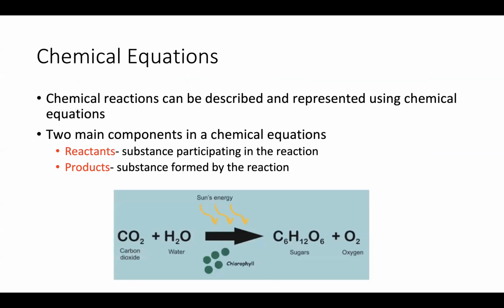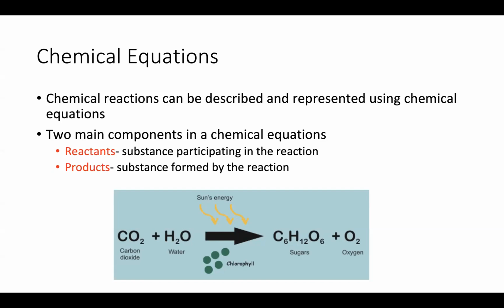And so I mentioned chemical reactions, so we can represent what's happening in a chemical reaction with the chemical equation. This is a biology class, but we do see chemical equations. The point I want you to understand is that chemical equations represent what's going on in a chemical reaction. There are two components.